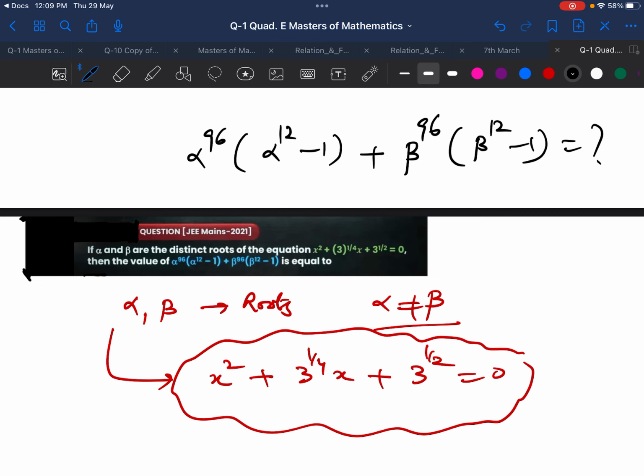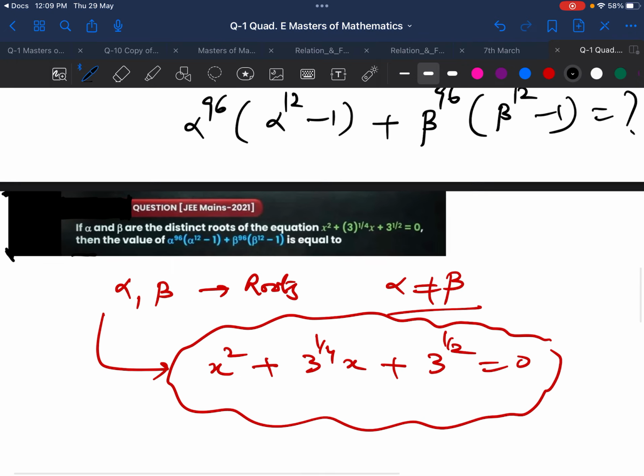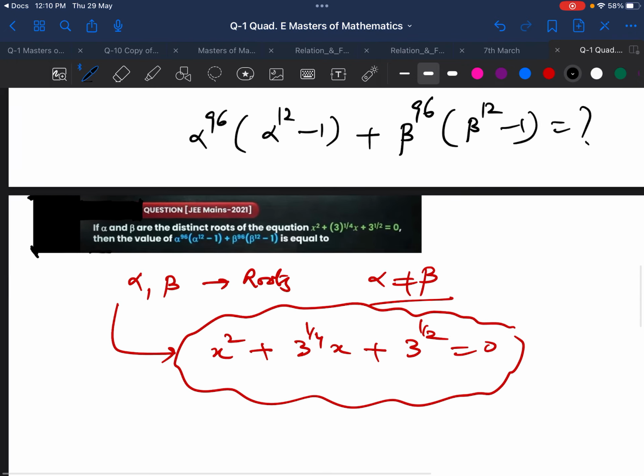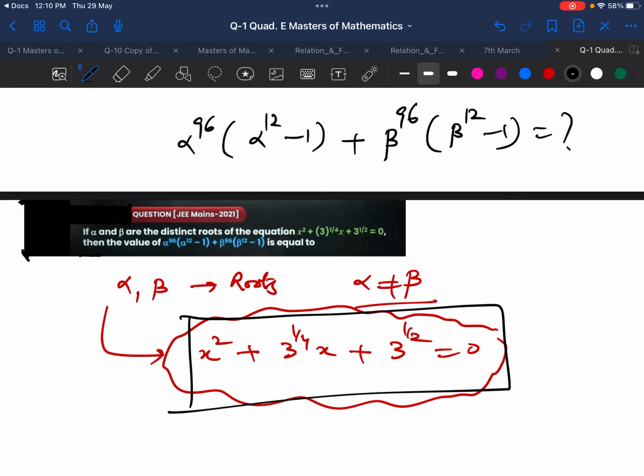We have to find the value of this expression, right? So it seems that there are no options. It means it was an integer type question, and there will definitely be a numerical value of this expression. So to find it, let us assume the value of this expression as p.